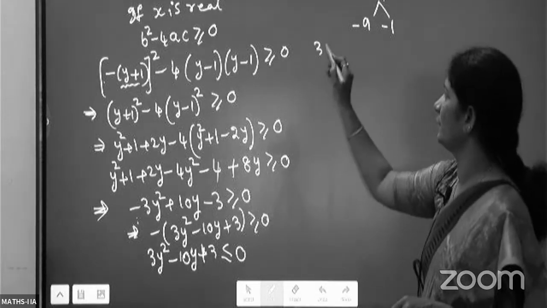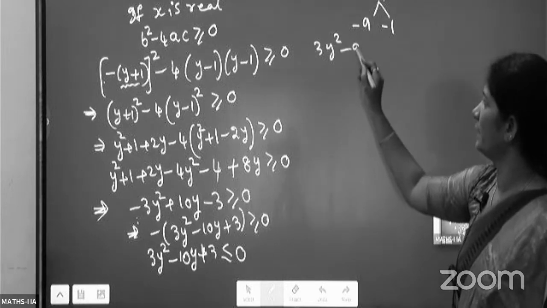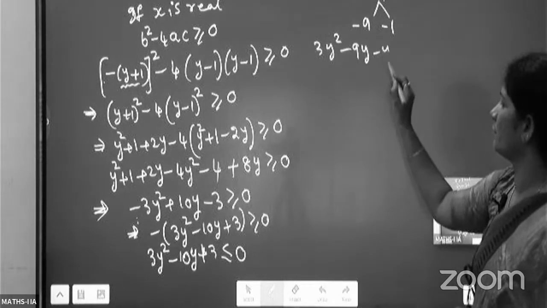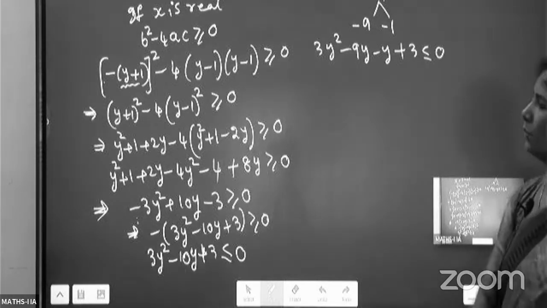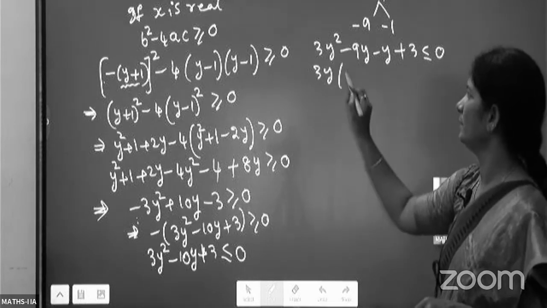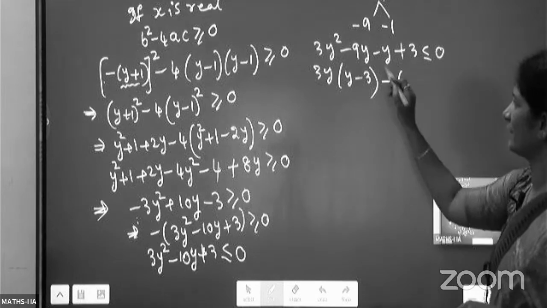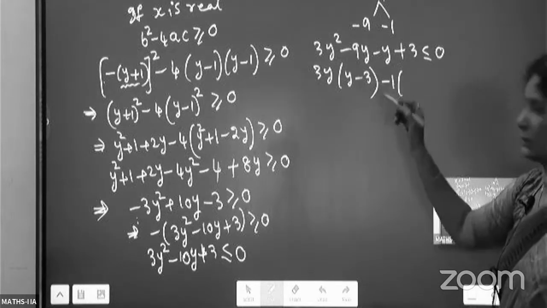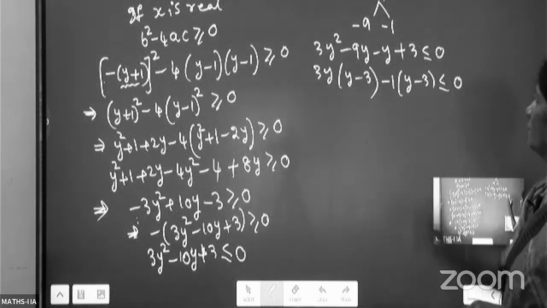3y square minus 10y can be written as 3y square minus 9y minus y plus 3 less than or equal to 0. Take common: 3y is common, y minus 3. And minus 1 is common. Nothing means you can take 1 common, so minus 1 is common, y minus 3 less than or equal to 0.